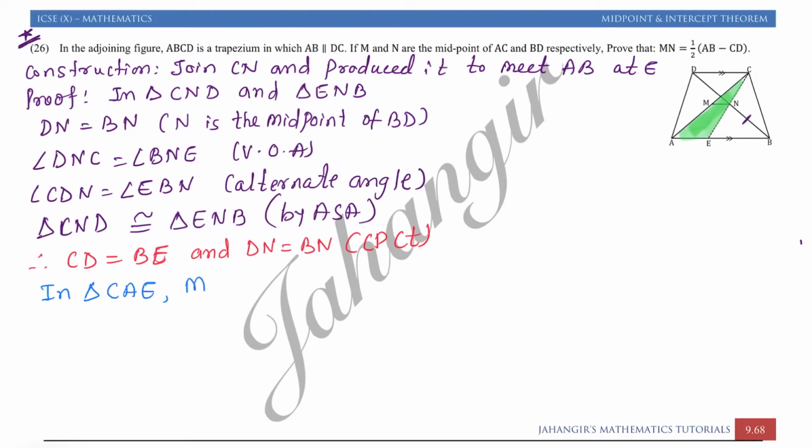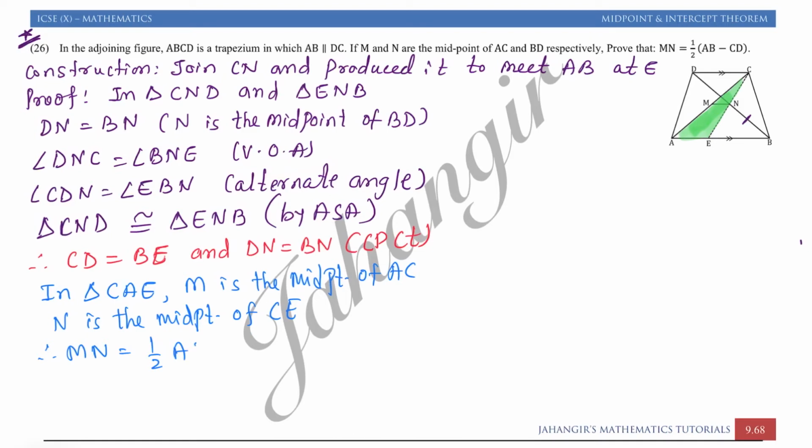We have M is the midpoint of AC and N is the midpoint of CE. So therefore I can say MN is equal to half AE by midpoint theorem.